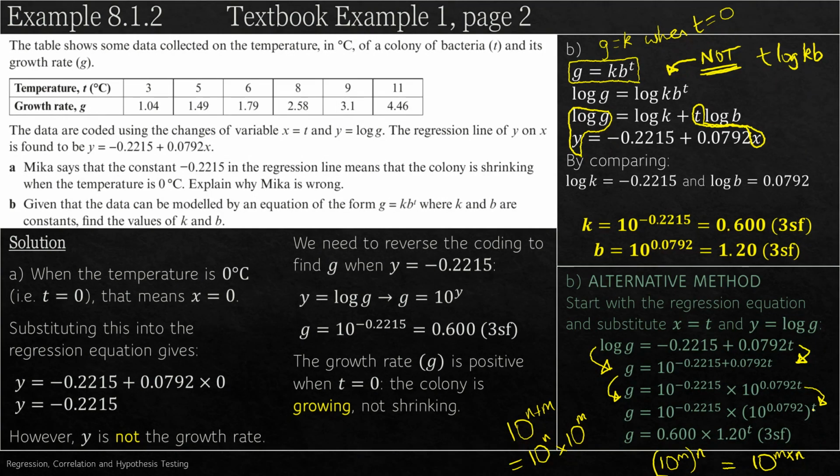I wrote it like that so we can see that this 10 to the power 0.0792, which turns into 1.20, that is our b. Just by comparing this with the model we were given in the question, we can see that b must be 1.20. And also, again, by comparing this with the model, we can see k must be 0.600.